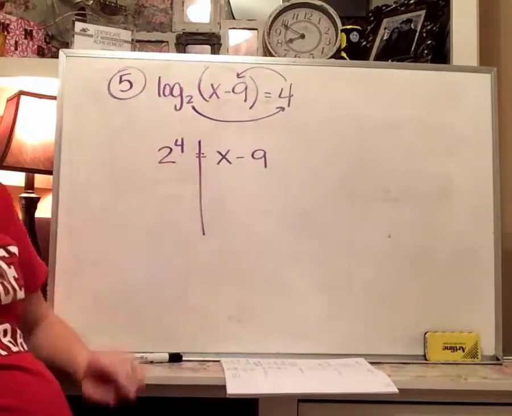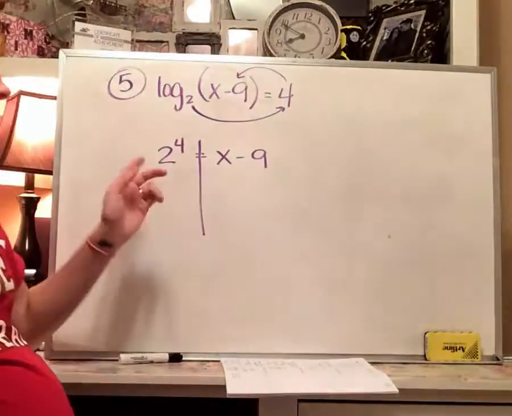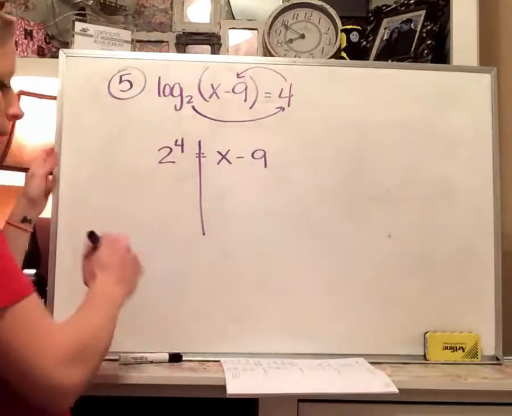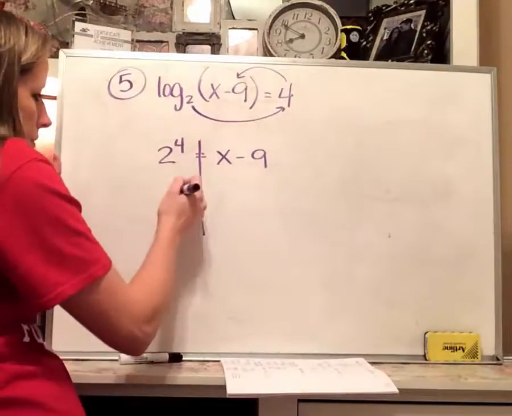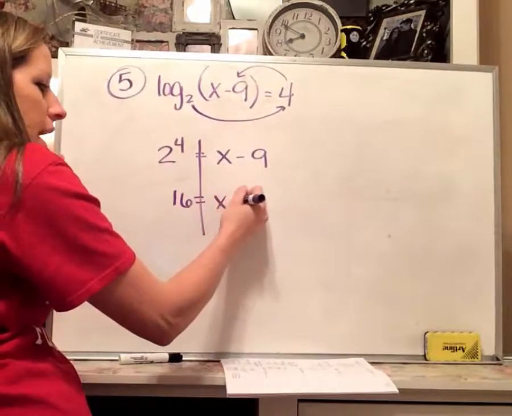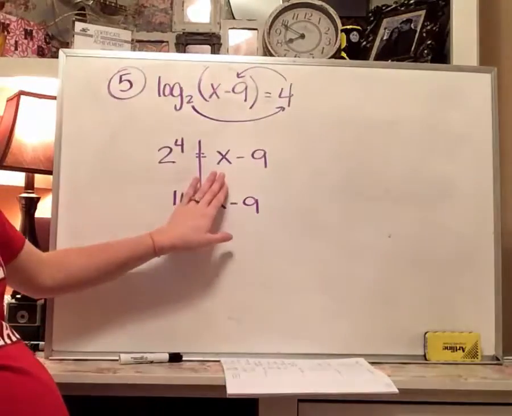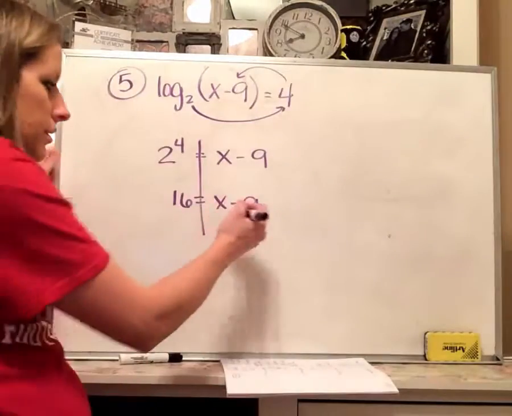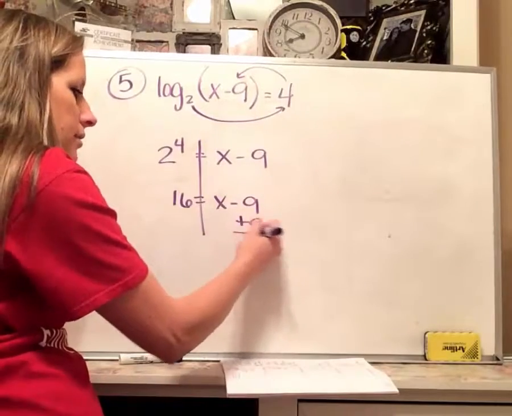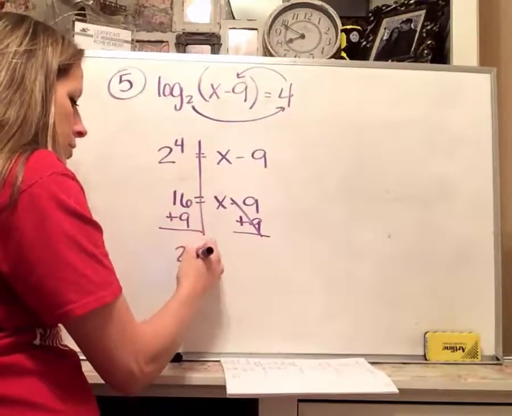So 2 to the 4th power, if you don't know what that is, go ahead and punch it in your calculator. 2 caret 4, and you should get 16. So 16 equals x minus 9. And to solve for x, we're going to save the x for last. So we're going to add 9 to both sides, and x equals 25.